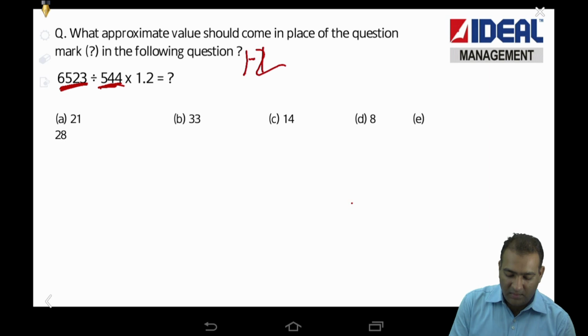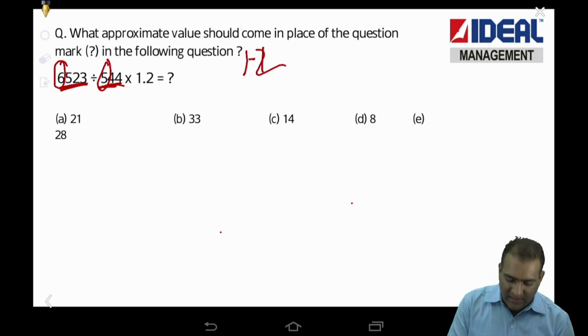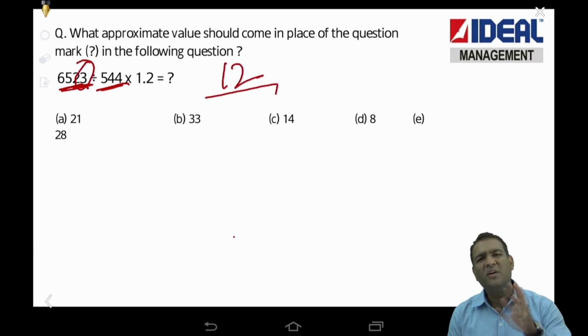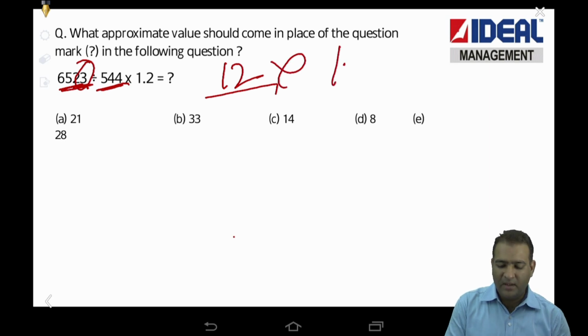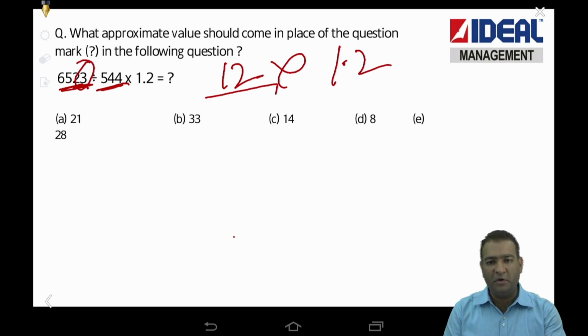Please, guys, I'm just taking this and this right now, just the first digit. Then common sense, this is all extra anyway, meaning it had to be 10, which means your answer will be approximately 12 or 11, whatever, it doesn't matter, into 1.2. 12 squared you're supposed to know, which is 144.